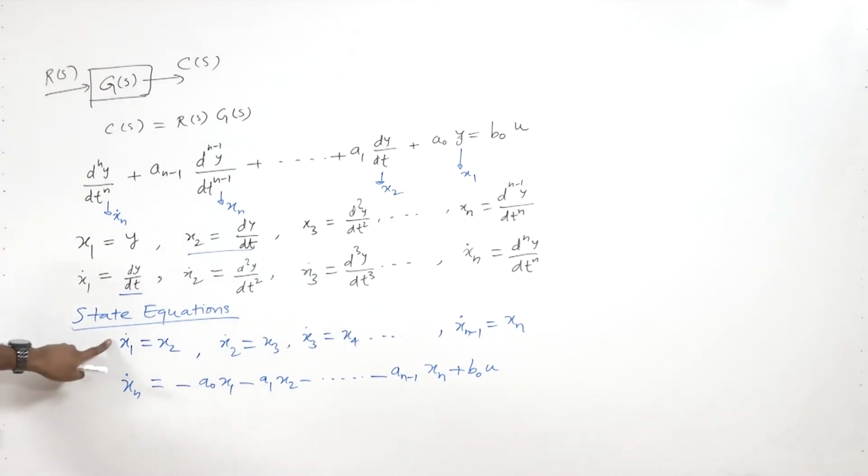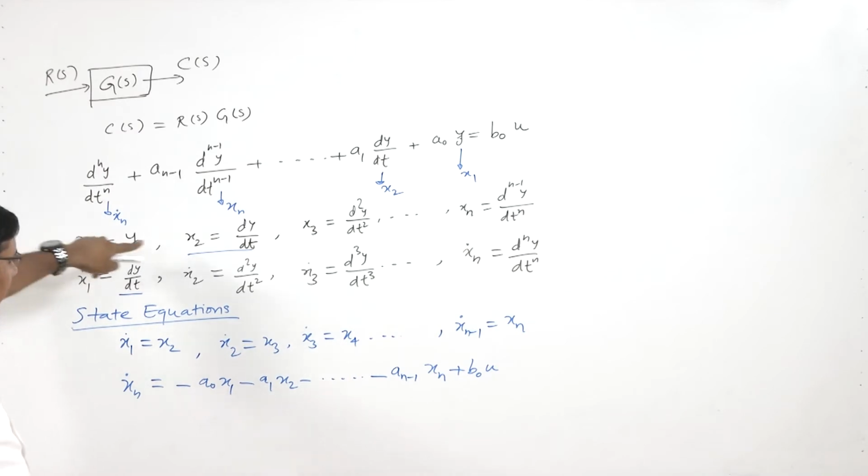So we have got the derivatives of the variables x1, x2 and xn.